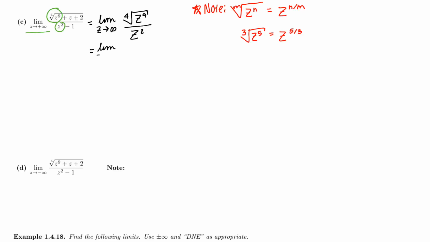So I'm going to take the limit as z approaches infinity, and I'm going to change this top one to z to the 9/4 over z squared. To simplify, once again, another exponent rule, which we've kind of already used: if you have z to the m over z to the n, this is equal to z to the m minus n.